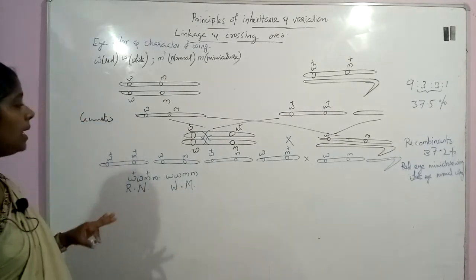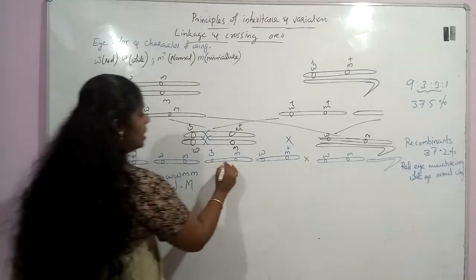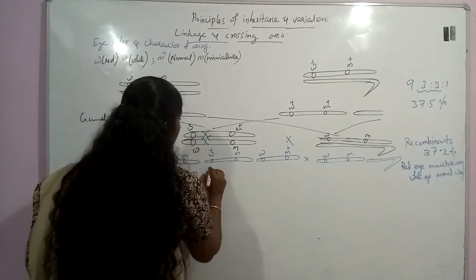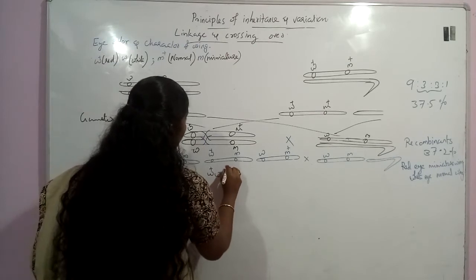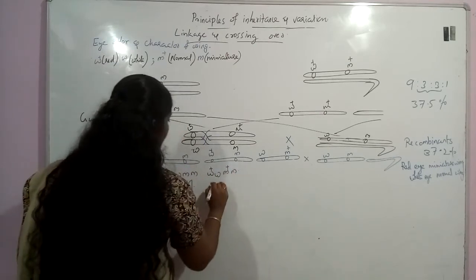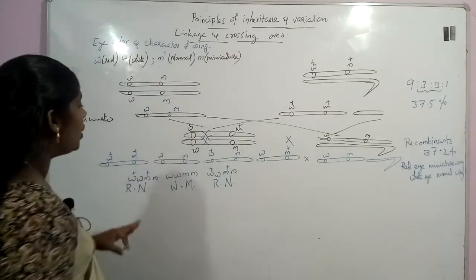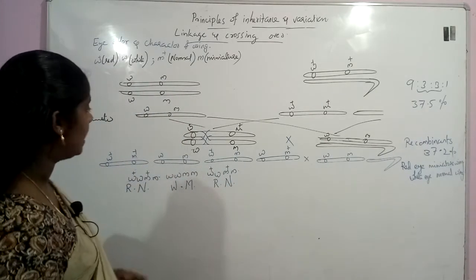If these two join together, again it will produce W plus W, M plus M. This is again red eye normal wing, which shows the female character, is it?